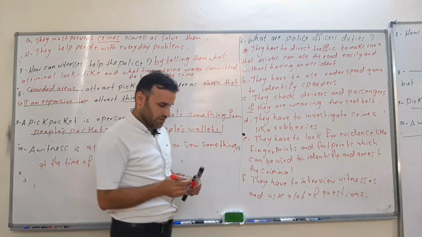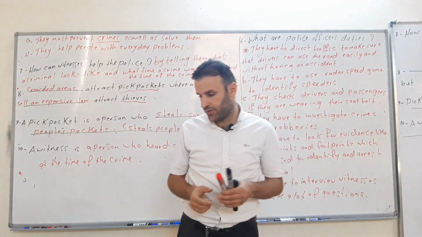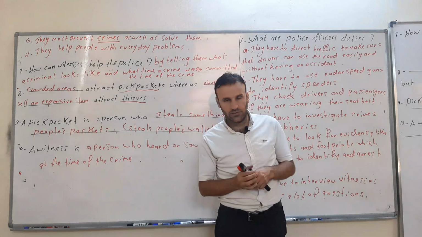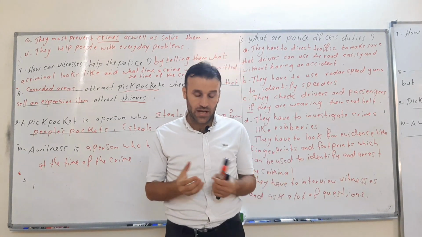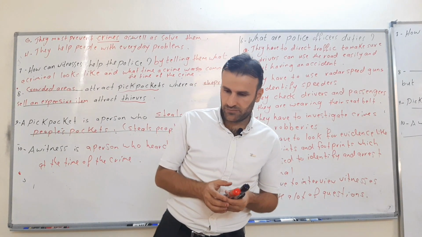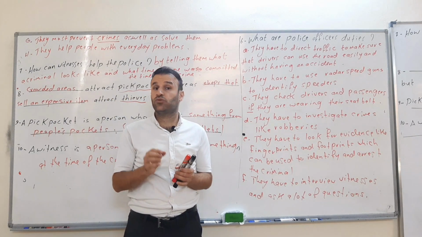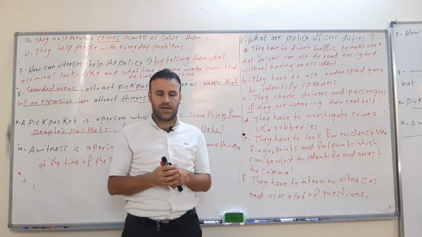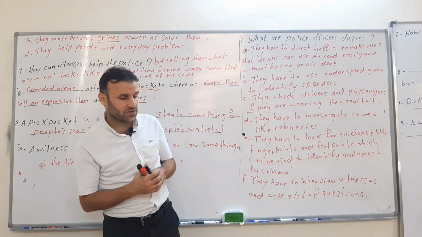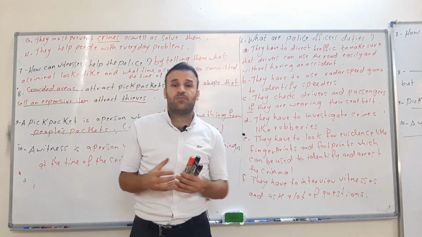Here, dear students, I'm about to finish, but before I conclude, I would like to tell you how to talk about this passage or how to summarize this passage. You can actually start with some questions.